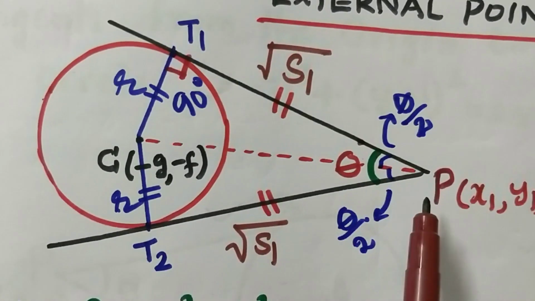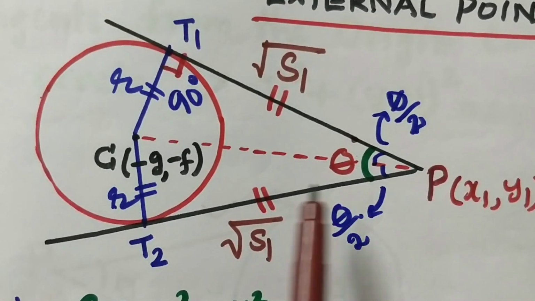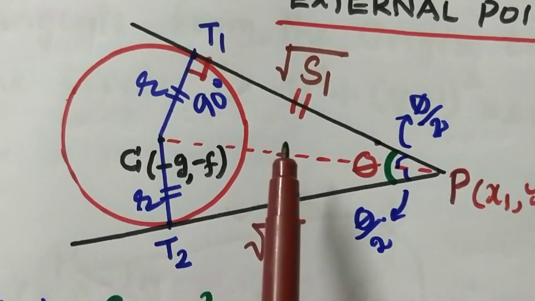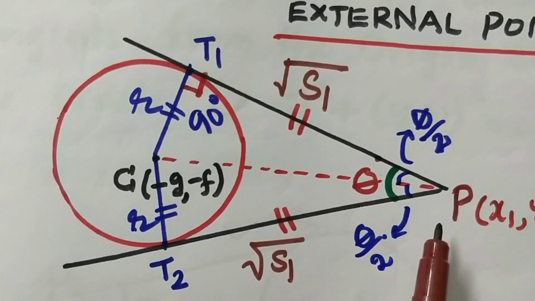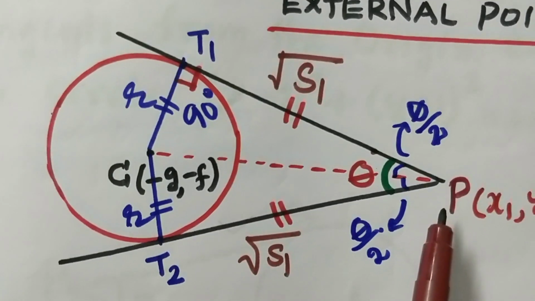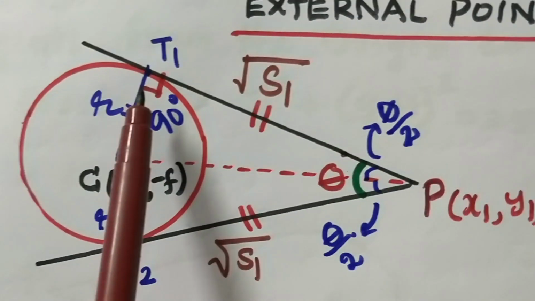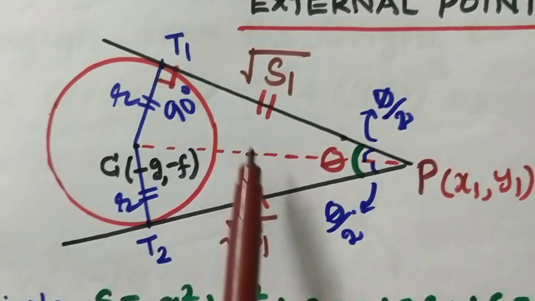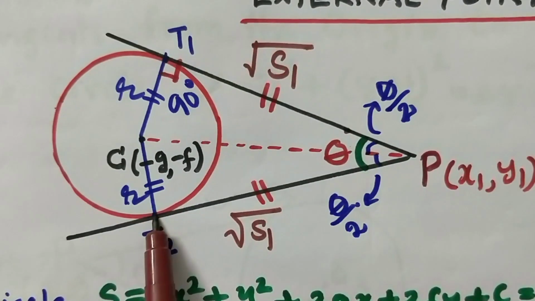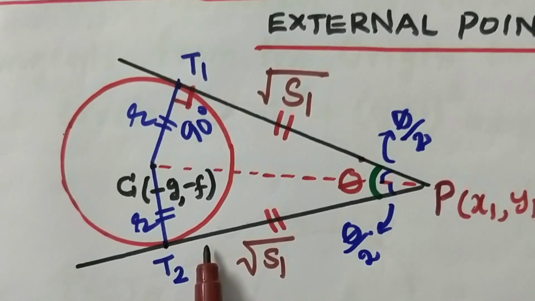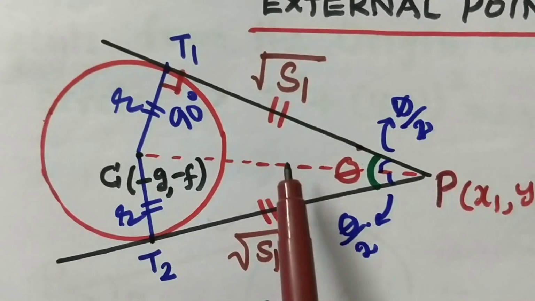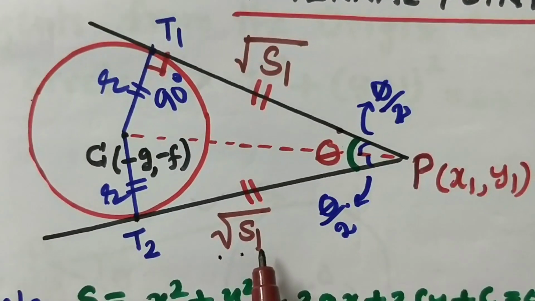If S is my circle, root S1 is the length of the tangent. So the length from P to T1 is root S1, and PT2 is also a tangent, equal to PT1. That's why this is also root S1.